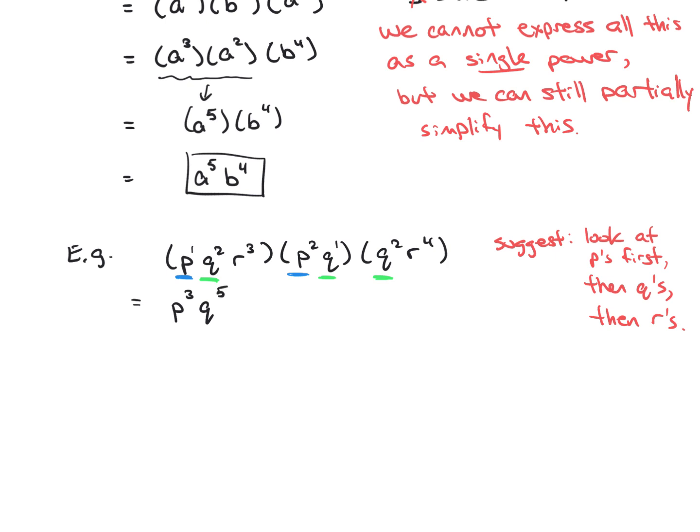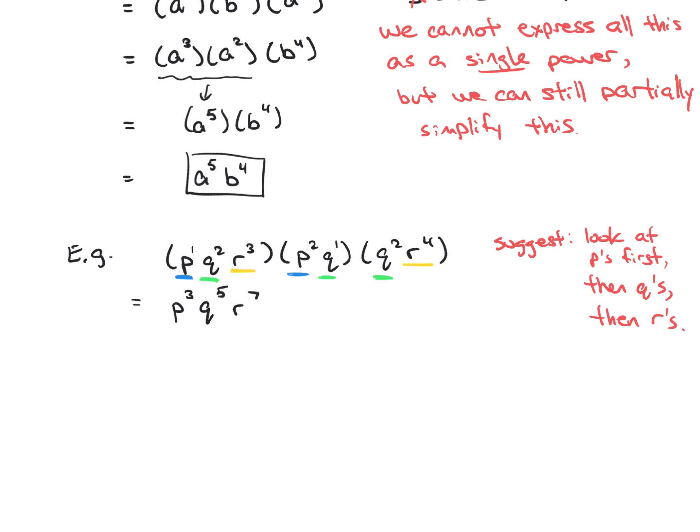And finally, I look at the r's. I see an r cubed, no r's in the middle bracket, and then I see an r to the 4. So the r power will have a new exponent of 3 plus 4, which is 7.